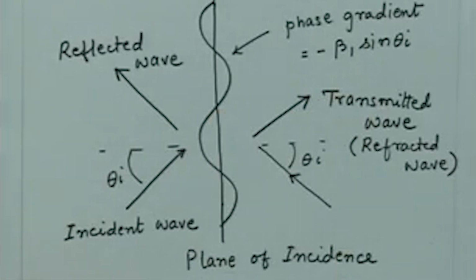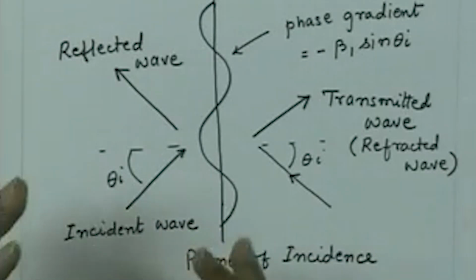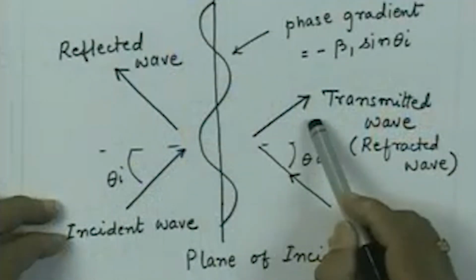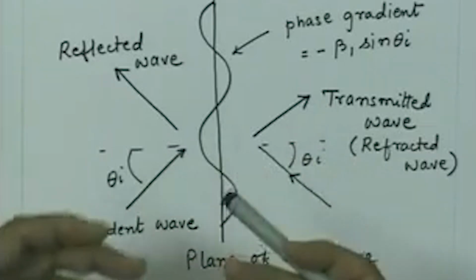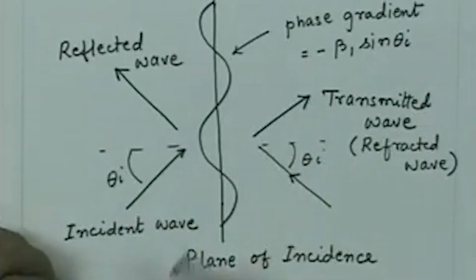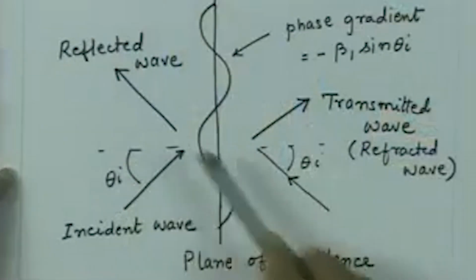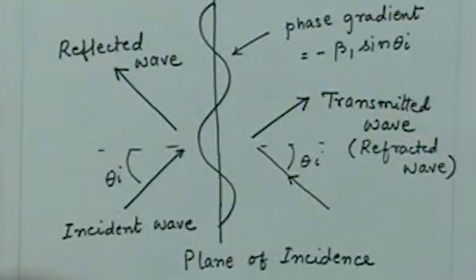Now, if you recall, light is a transverse electromagnetic wave, and in high school we had studied the laws of reflection for light, and the first law of reflection was that the incident ray, the reflected ray and the refracted ray lie in the same plane, which is the plane of incidence. So essentially that statement, the first law of reflection, comes from matching this phase condition on the interface, and that says that these three vectors lie in the same plane.